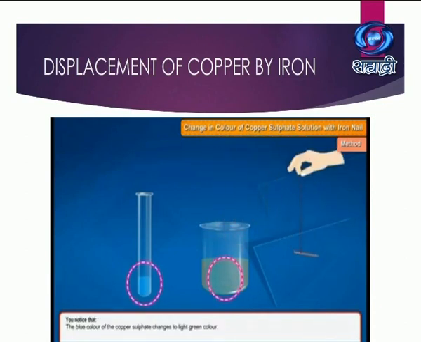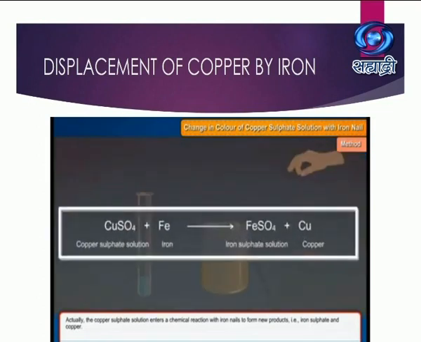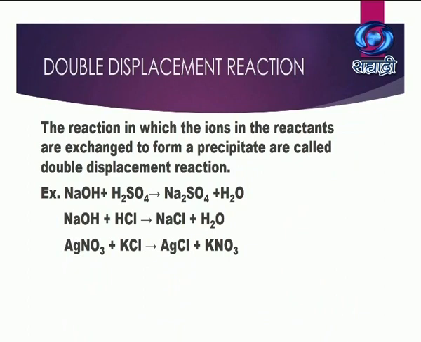You notice that the blue color of the copper sulfate changes to light green color. The brightly polished iron nails are coated with a reddish-brown deposit. Actually, the copper sulfate solution enters a chemical reaction with iron nails to form new products, that is, iron sulfate and copper.